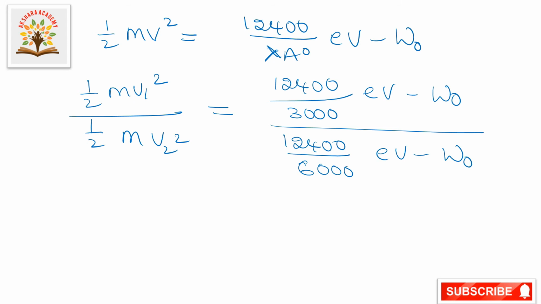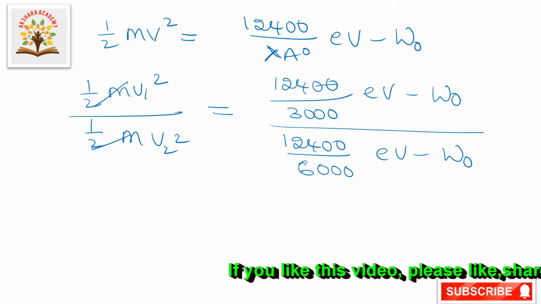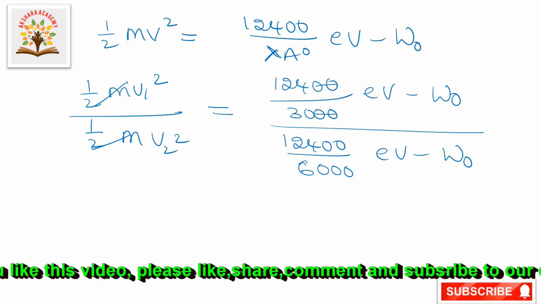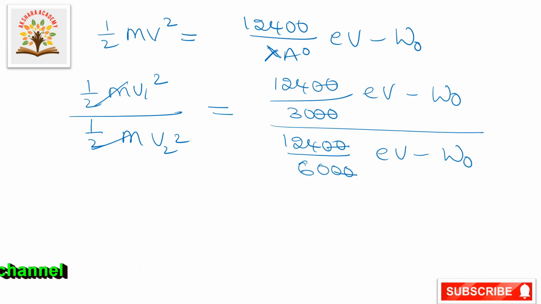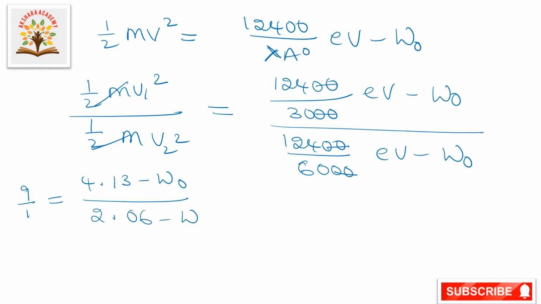Here half m gets cancelled, and the zeros also get cancelled, and finally we get 9 by 1 is equal to 4.13 minus W naught by 2.06 minus W naught.